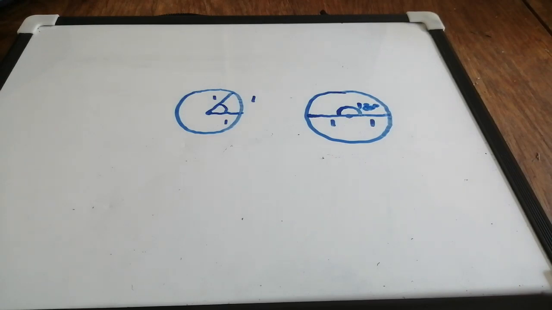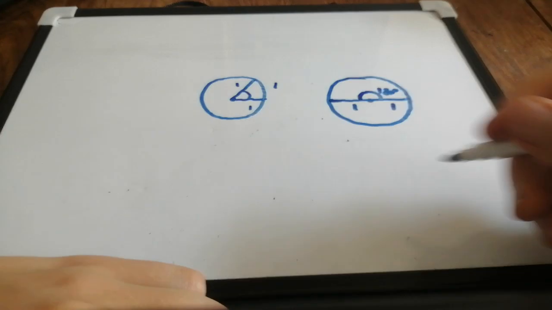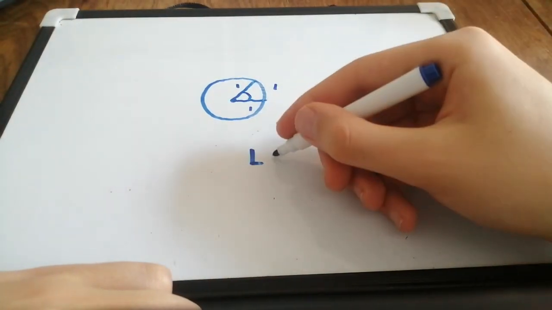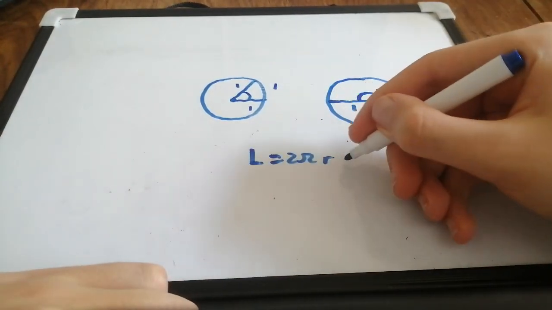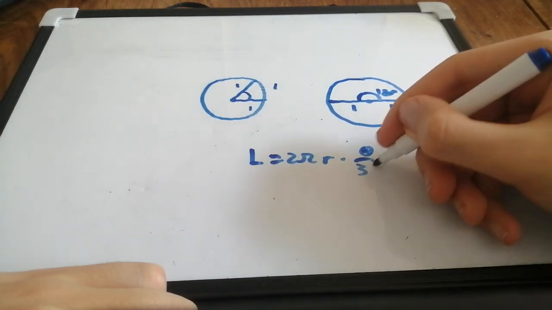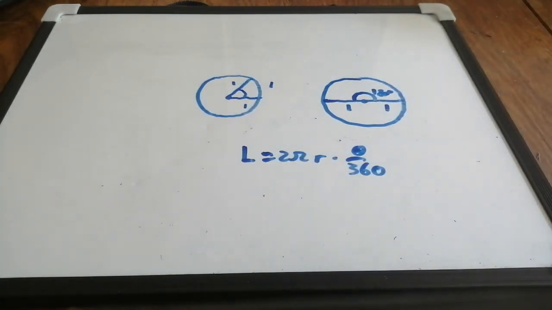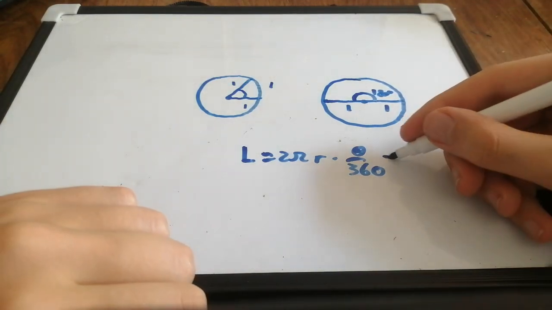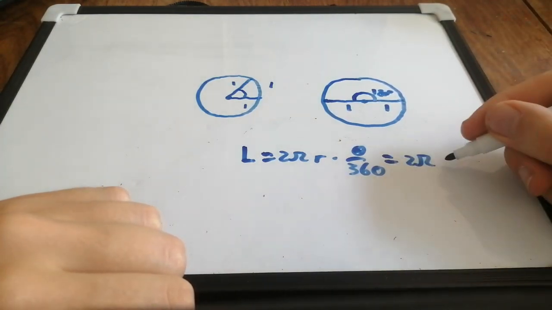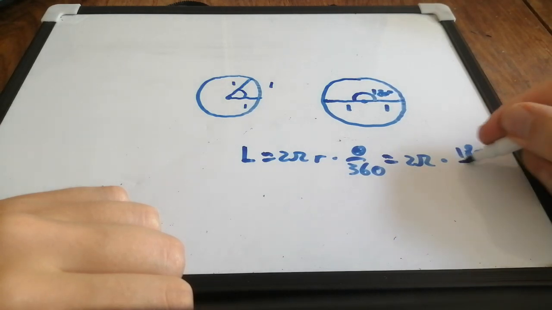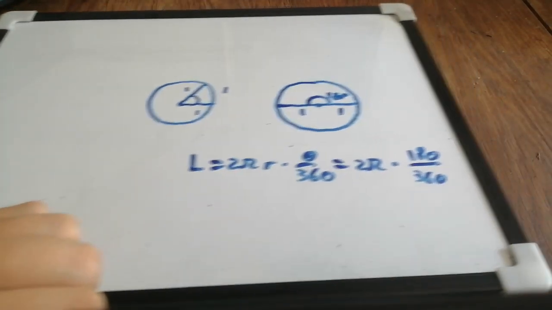And we're going to use the exact same thing, just this time instead of finding the angle, we're going to find the arc length. So, remember the formula, L equals 2 pi r times theta over 360. So we know the radius is 1, and we know the angle is 180. So this can be rewritten as 2 pi times 180 over 360.